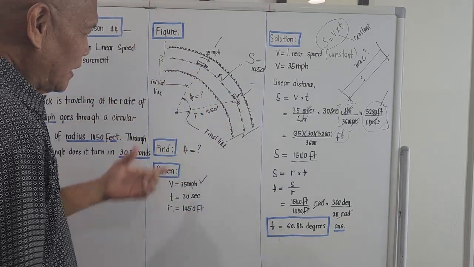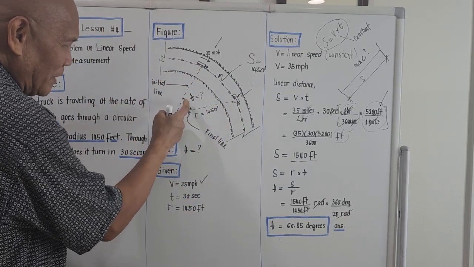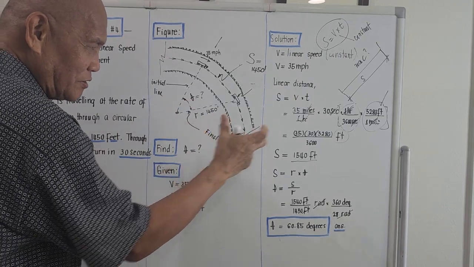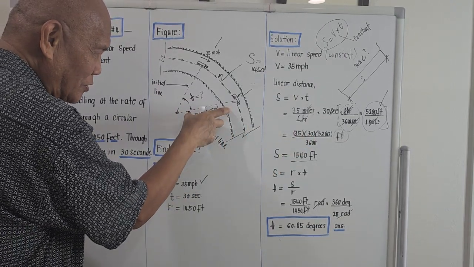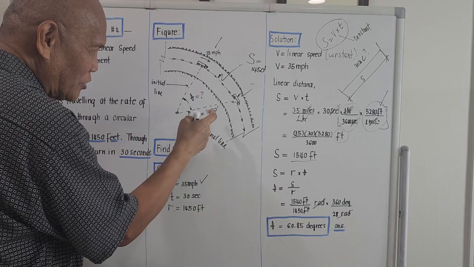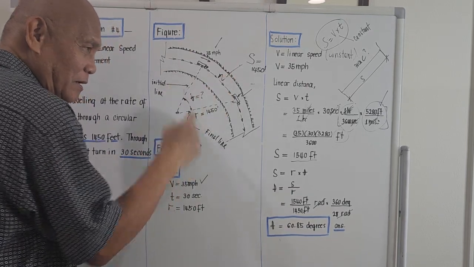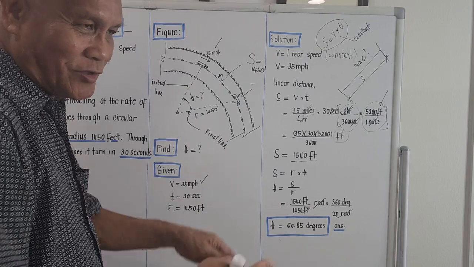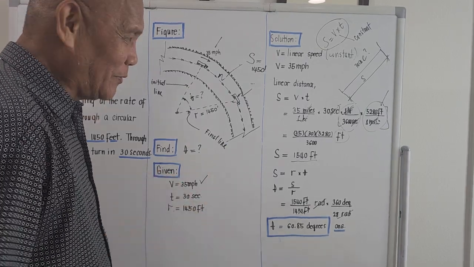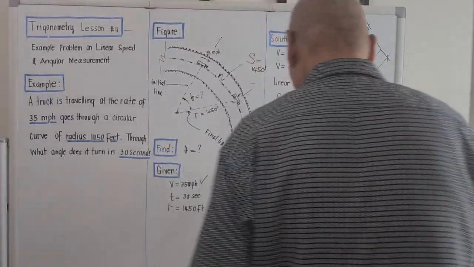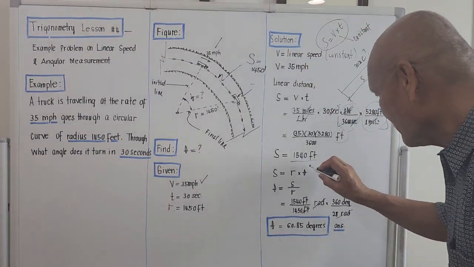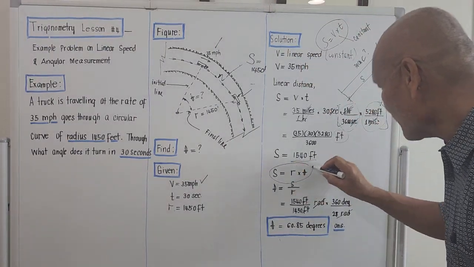Right? And the problem is just asking what will be theta. So that's an easy job now because we are given the radius and we know the relation of S in terms of theta and r. That's why we study the concepts before solving this problem. So by using the relation S is equal to r theta, angular measurement, right?